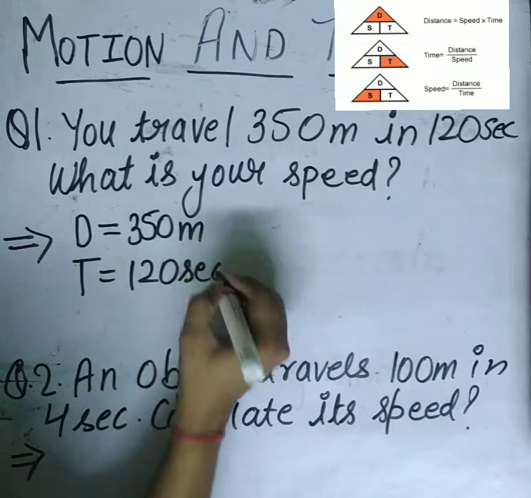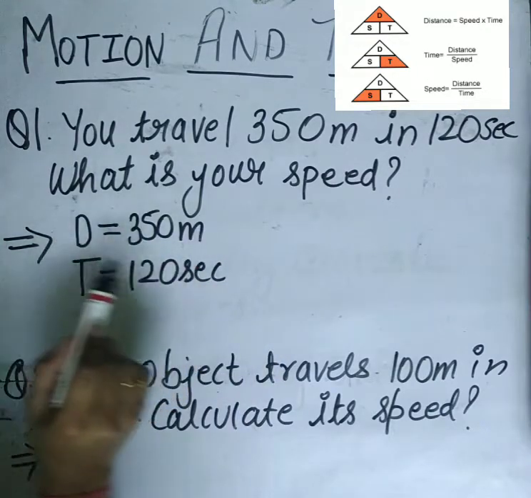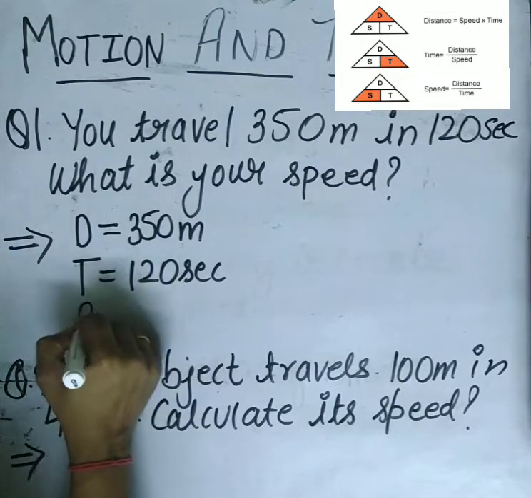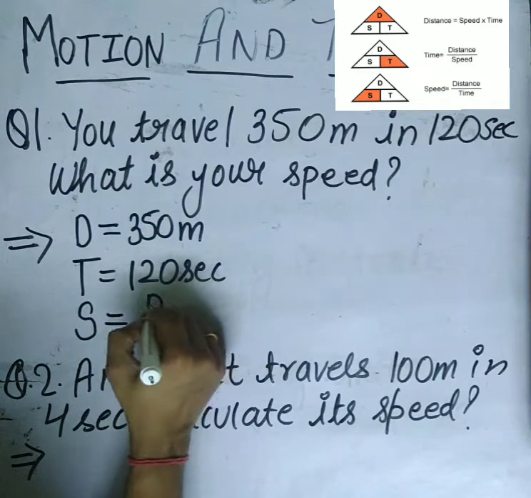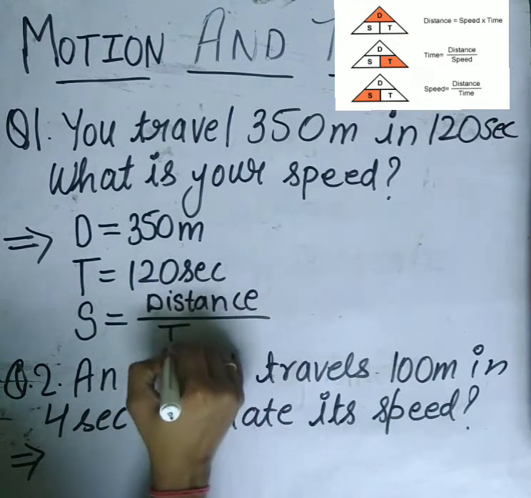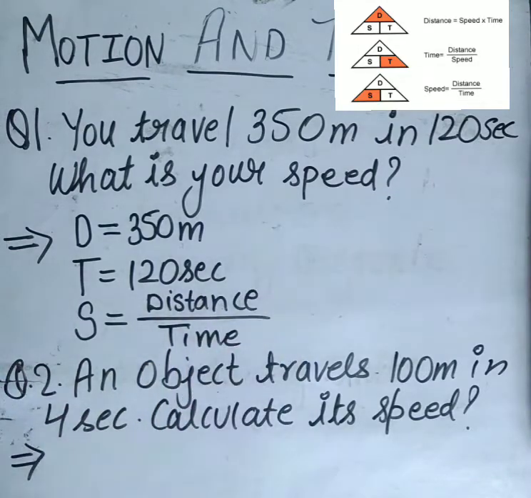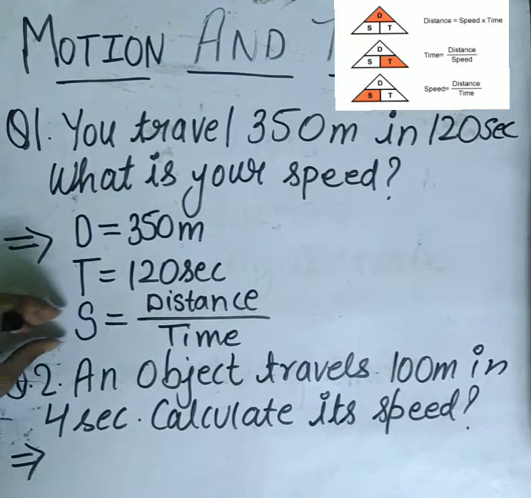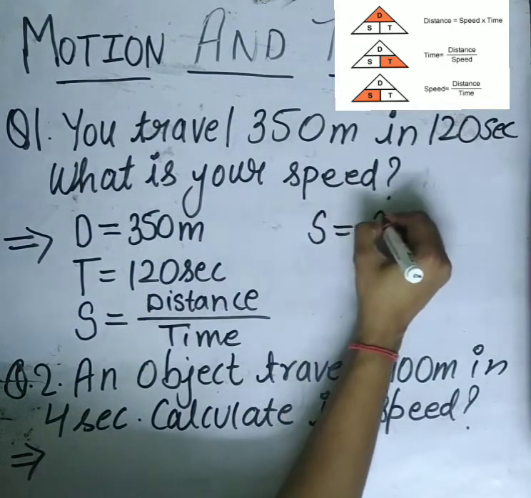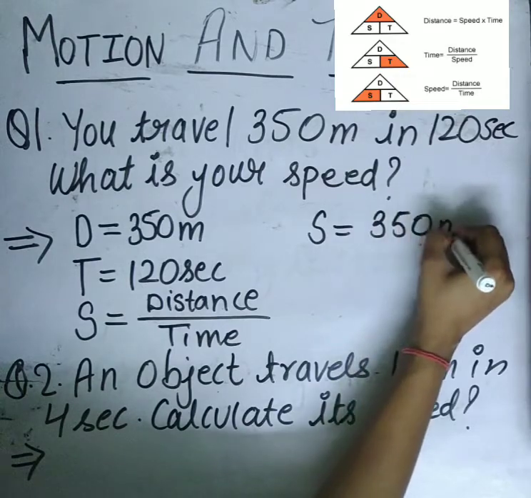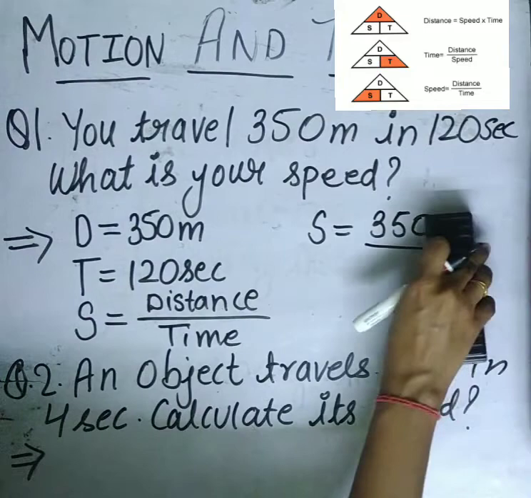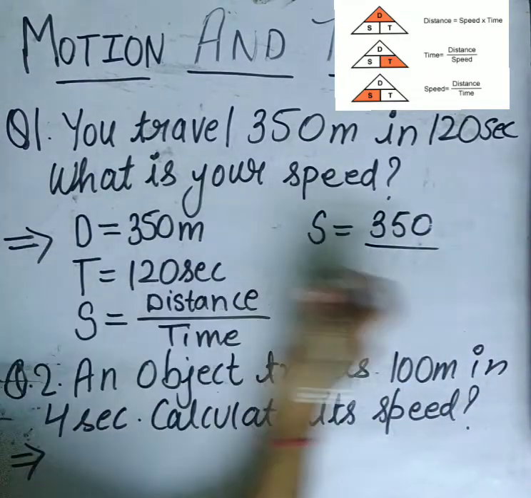Now here we can see that the distance is in meters and time is in seconds, so we don't need to convert anything. And we also know that the formula for speed is equal to distance upon time, so we will write that down for our convenience. Then we just need to put these values in this formula. So our speed will come as 350, our distance in meters, upon 120.